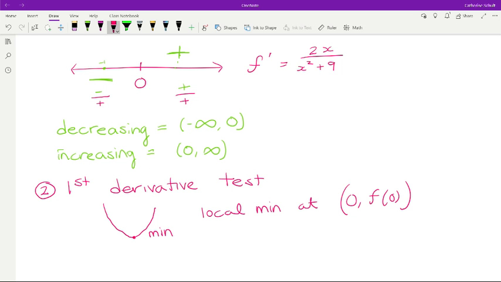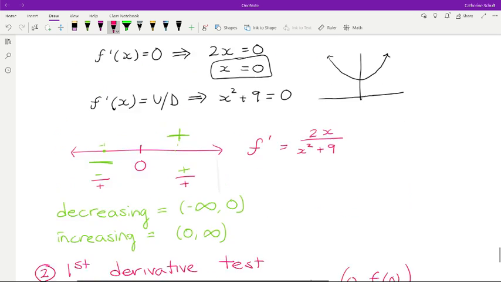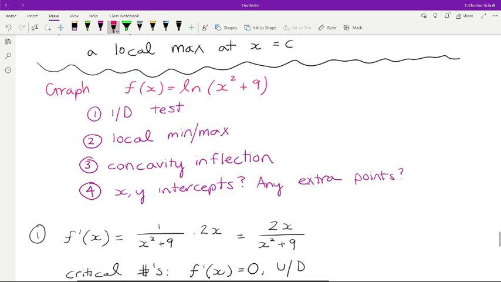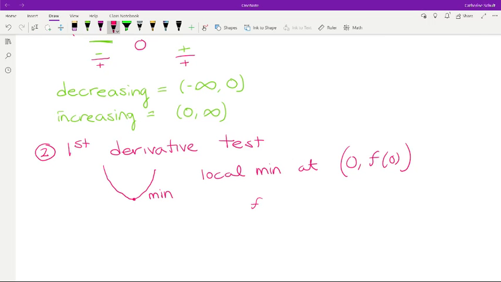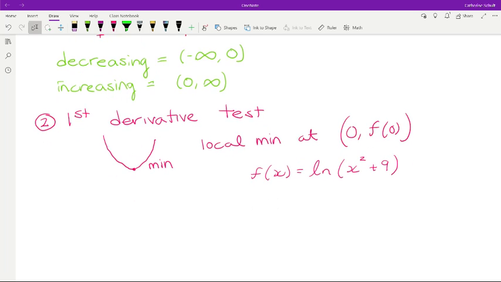Okay, and do you remember what f is? It's this crazy function, the natural log of x squared plus 9. I'll rewrite it. So at 0, it's going to be the natural log of 9.